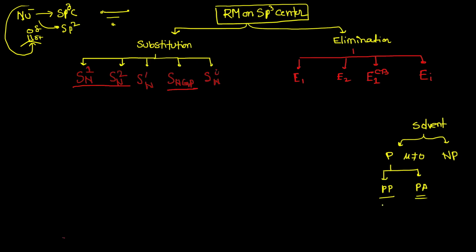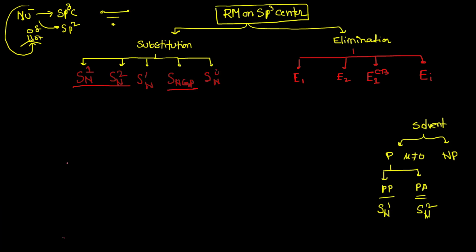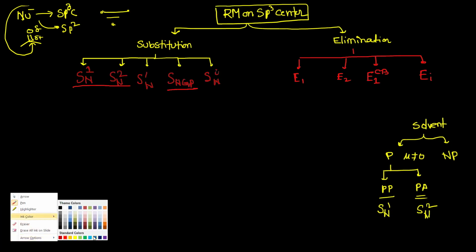Polar protic solvent is preferred by SN1 reaction. If we put polar protic solvent in an SN1 reaction, it will favor the SN1 process. Polar aprotic will favor the SN2 process. Now, let's discuss one by one SN1, SN2, and so on.